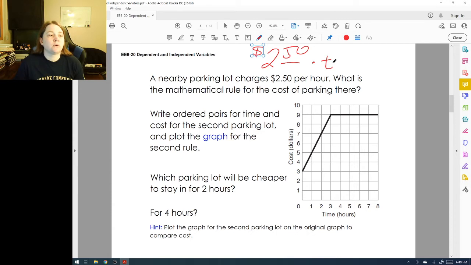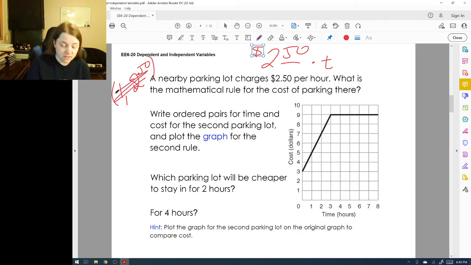So they want us to write ordered pairs for the time and the cost of the second lot. So 1 hour would be, well, excuse me, I forgot to put a dollar sign there. So let's rewrite that. 1 hour would be $2.50. 0 hours would just be $0.